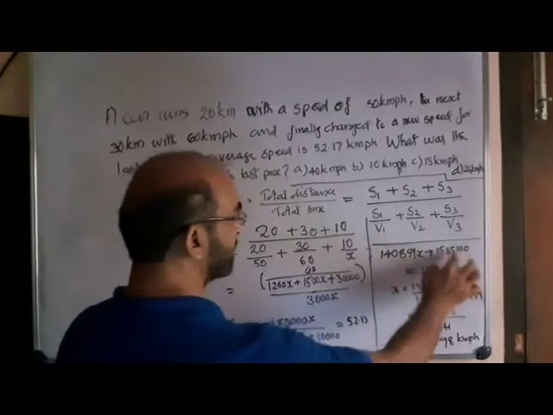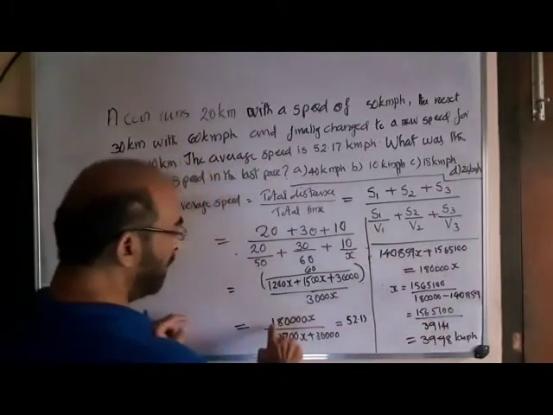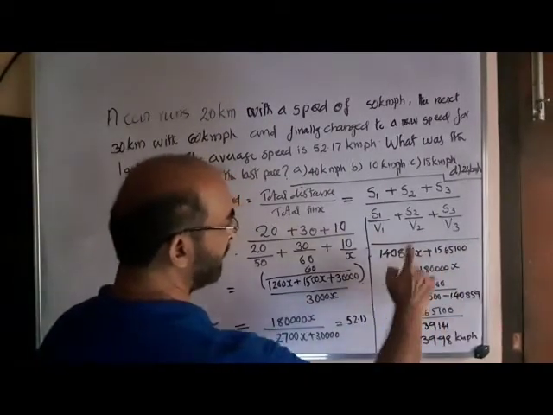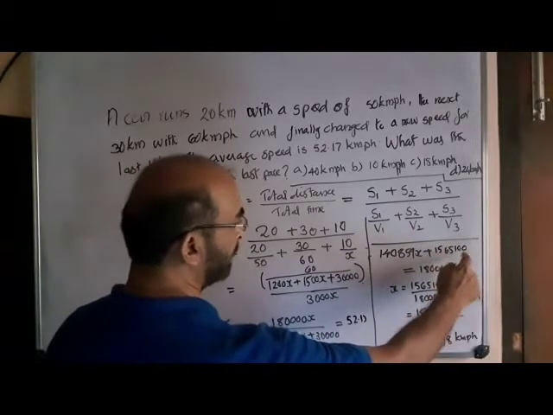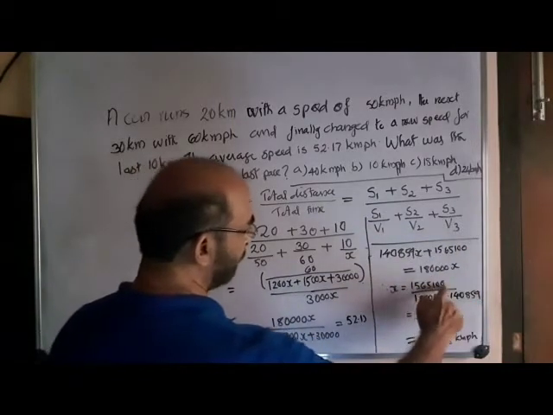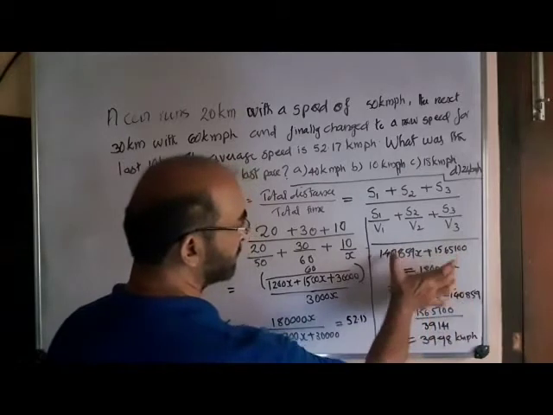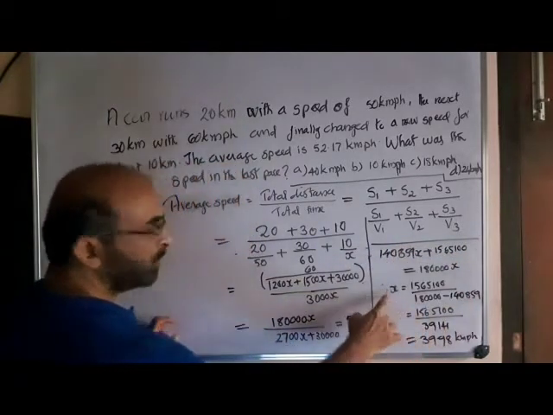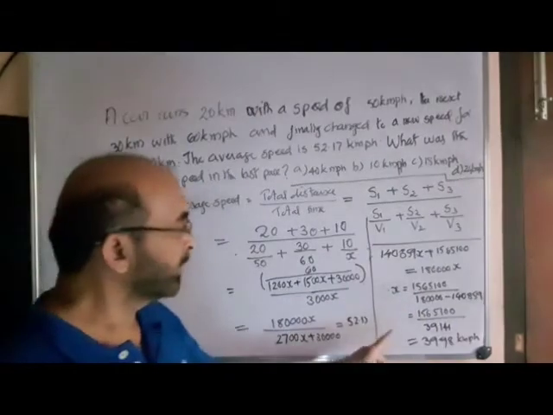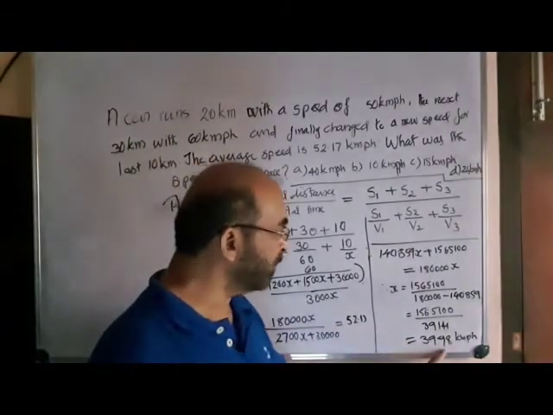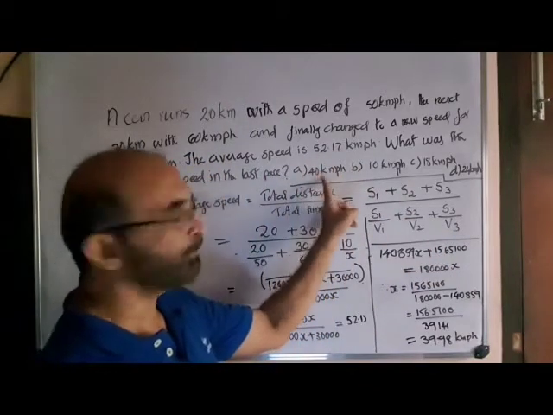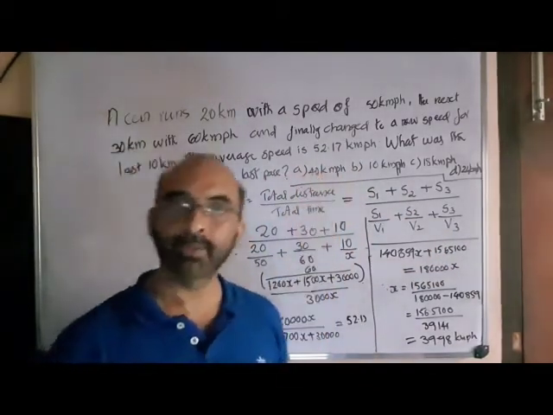So you get this and this term is equal to 1,80,000. Take the x terms to the same side and divide 1,565,100 with this difference. So simply isolate x, that's all. Then you get 39.98 kilometer per hour. So the last phase speed is 40 kilometer per hour.